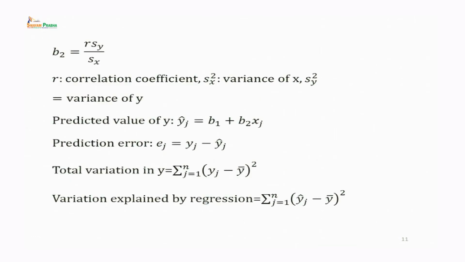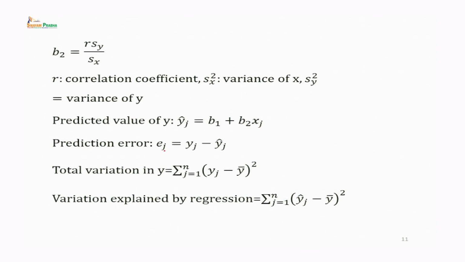An alternative formula for b 2 is r s y upon s x, where s x square is the variance of x and s y square is the variance of y. R is the correlation coefficient between x and y. Then the predicted value of y is y j hat equal to b 1 plus b 2 x j.